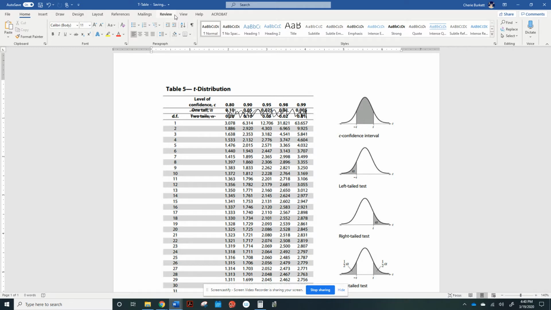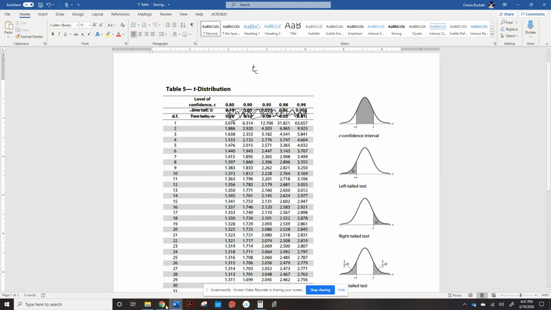And because of this, if I was to use just this T table, I would be limited to the level of confidence that I could ask you about, because these are the only 5 levels of confidence that the T table will give you a value for. Now remember, what you use this table for is to find this value, the critical value.